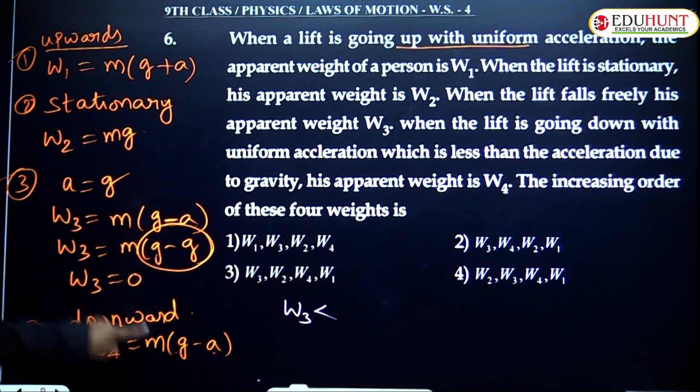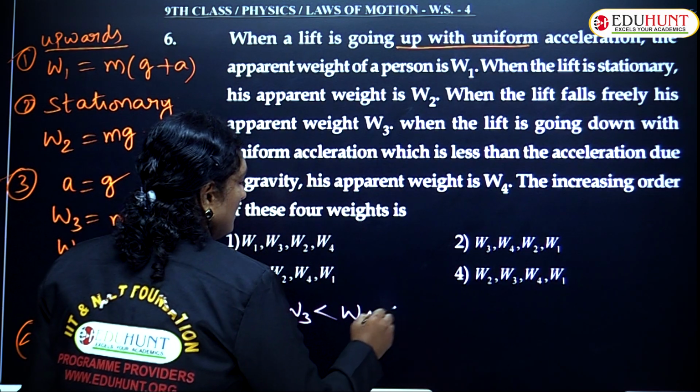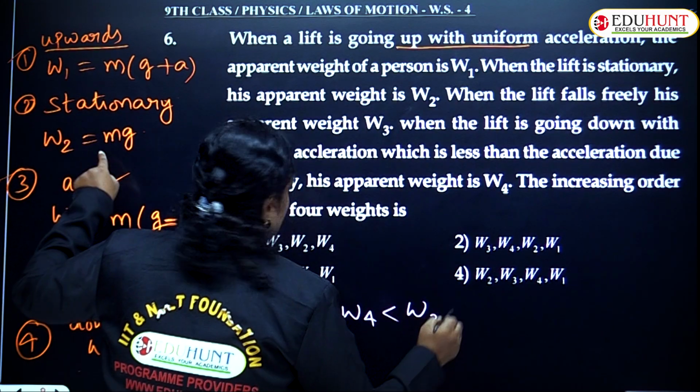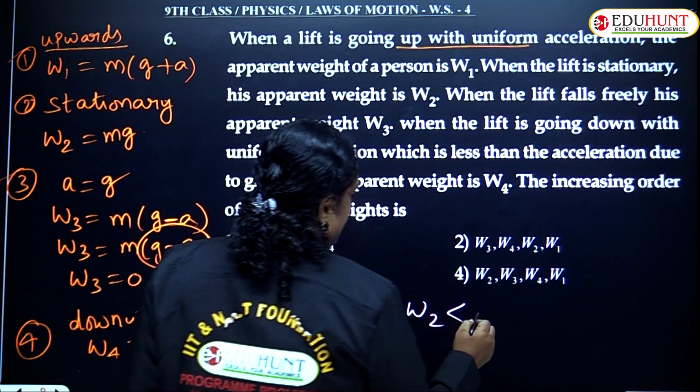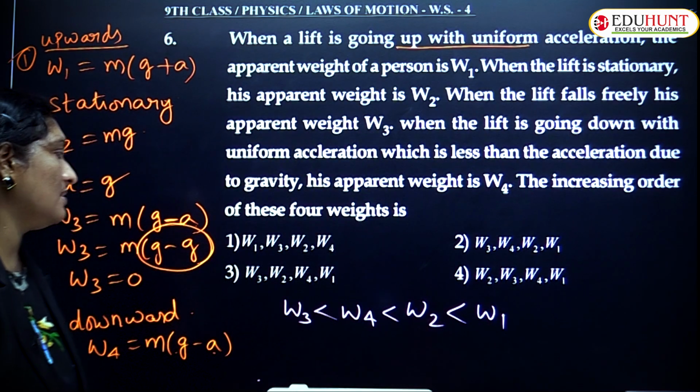Now mg minus ma, which is smaller? So W4. Then mg means W2. Highest is m into g plus a, that is W1. So this is your increasing order.